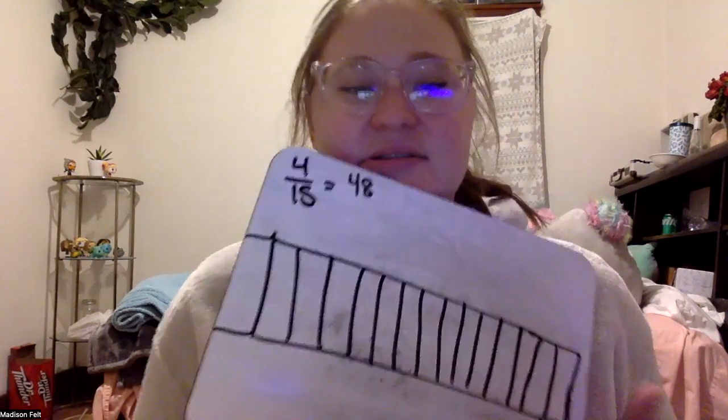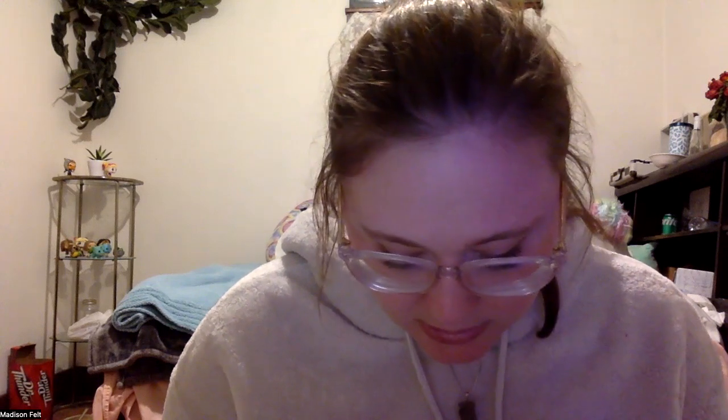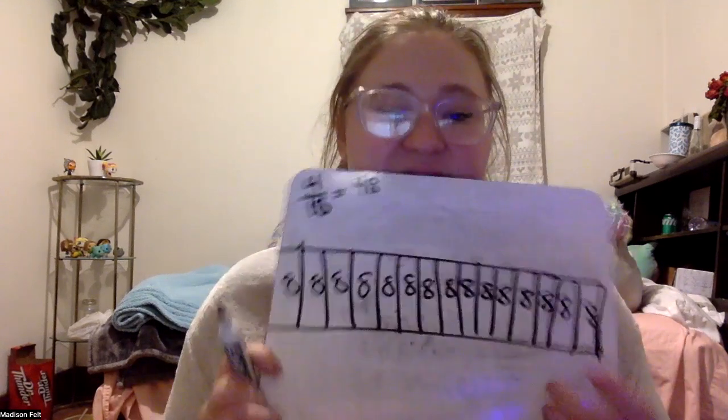And now we know that each of these little blocks is equal to $8, because that is what we figured out with the fast food and adding on the coffee. I'm just writing 8 on each of these so we can visualize that. All right, so each of these is $8. We have 15 groups of 8.